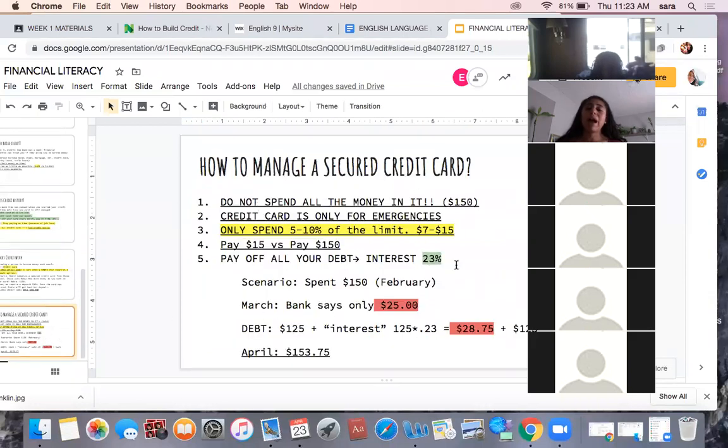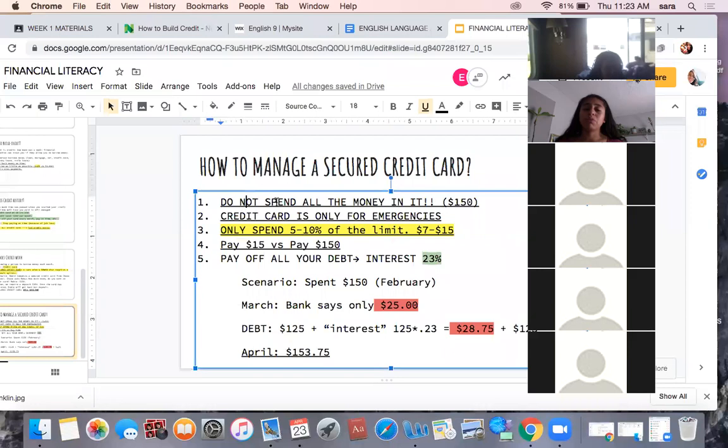And a few things on how to manage it. Do not spend all the money on it, okay? That's not your money. That's just money the bank is letting you borrow. But the less money you spend, the better, because you're gonna be able to pay back very easily. We said that a good rule of thumb is 5 to 10% of that limit.